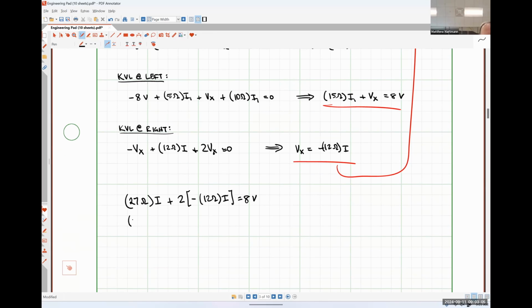So that looks like 27 ohms times I minus 24 ohms times I is equal to 8 volts, or I is equal to 8/3 of an amp. If I did my algebra correctly, which is always suspect, just to be real clear.